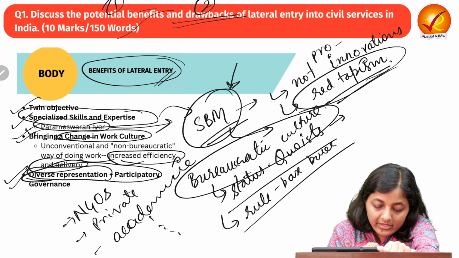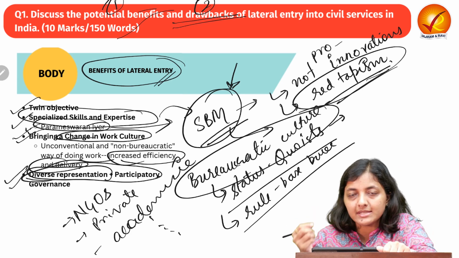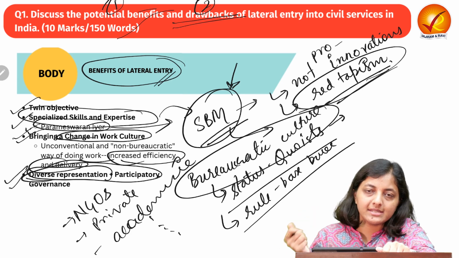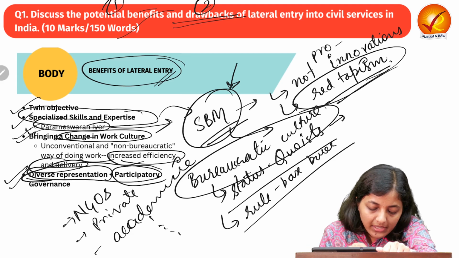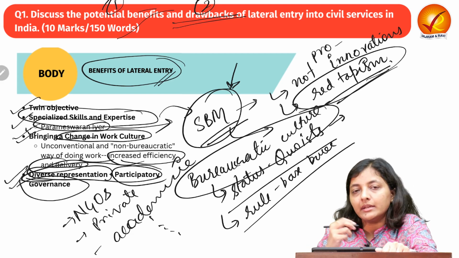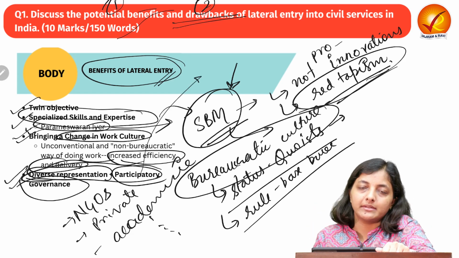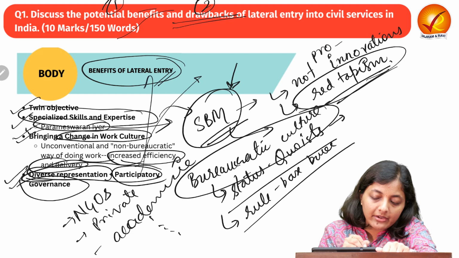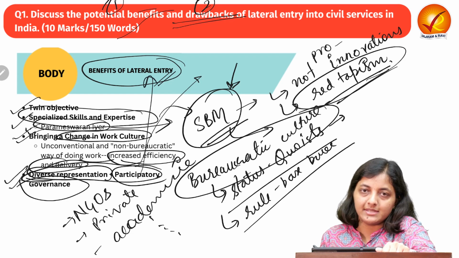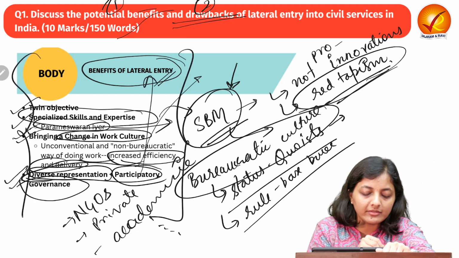So diverse representation can be there in the civil services, which is not the case now. Next is participatory governance. Now governance will be done by the private as well as the public sector when lateral entrants are allowed in the civil services. So these are the benefits of lateral entry.